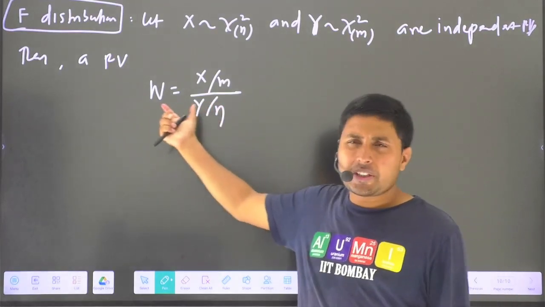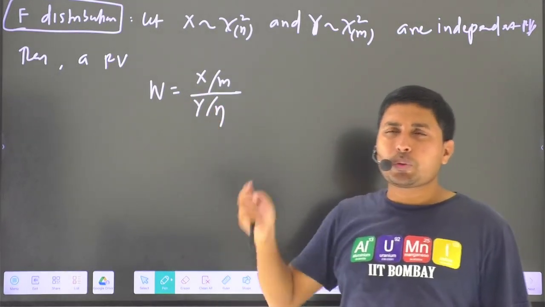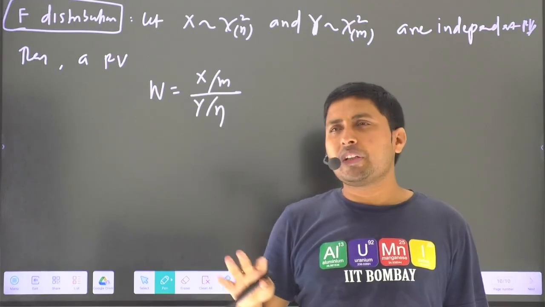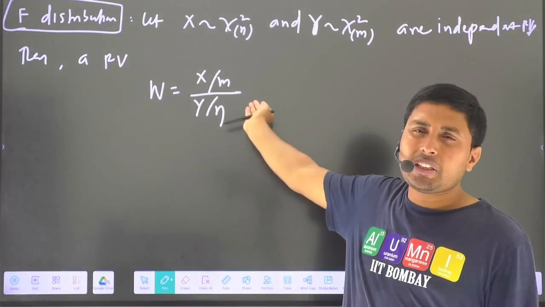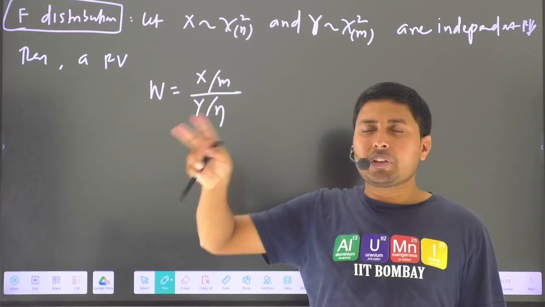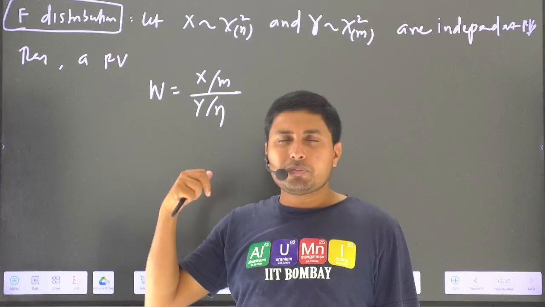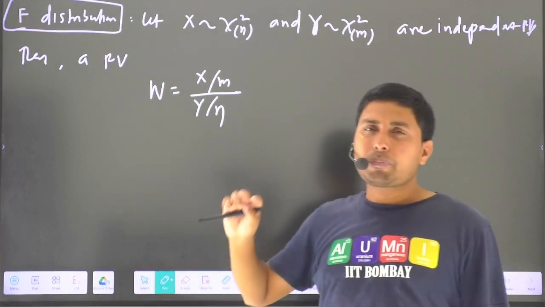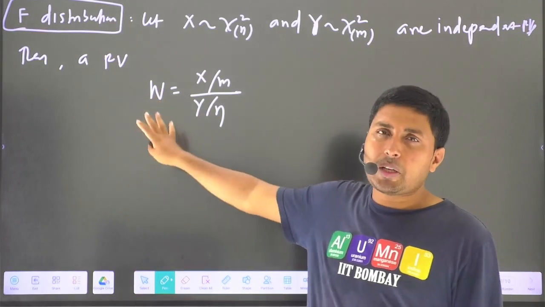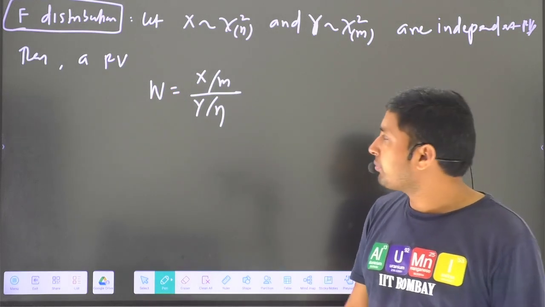So again the similar idea is here. W we have defined with respect to X, and we already have the joint PDF of X and Y. Again we define something V as X. Then the joint PDF of W and V can be obtained from the Jacobian method, and from the joint PDF we can find the marginal of W, and that will give the PDF.